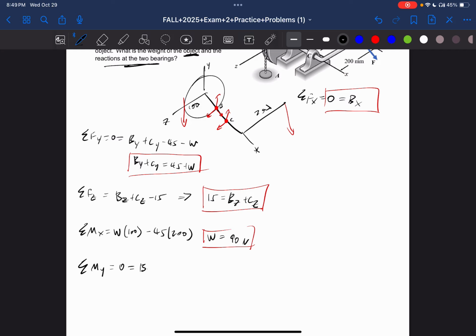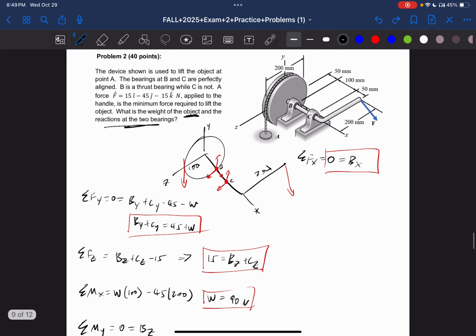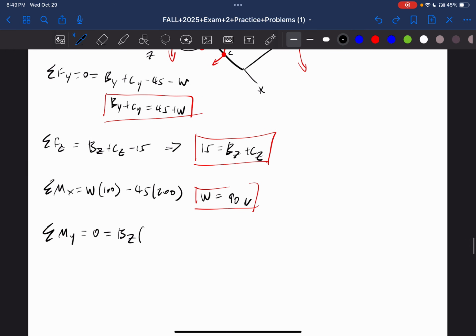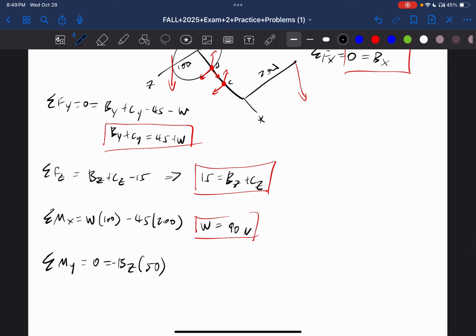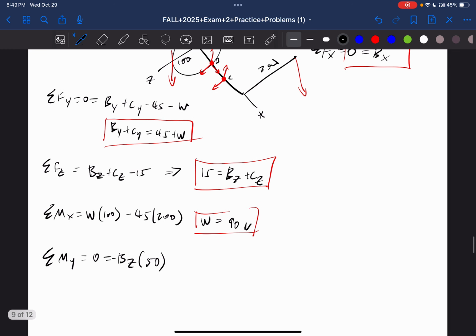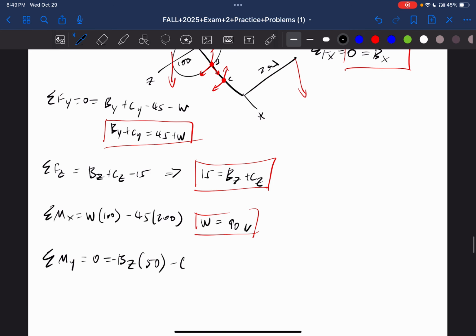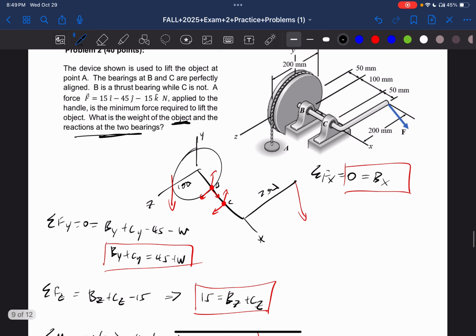The sum in the Y direction is equal to BZ, which is this right here, times the moment arm, which is this right here, and that is 50, and that's going in the negative direction. And minus CZ is going in the same direction, so CZ times 150.